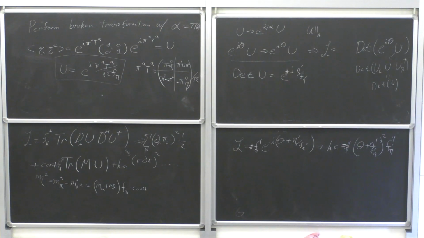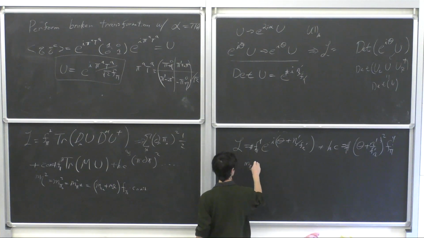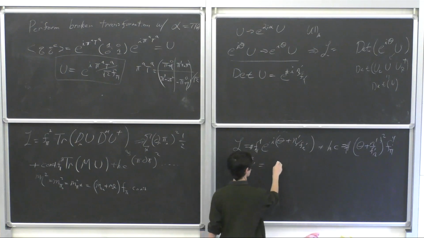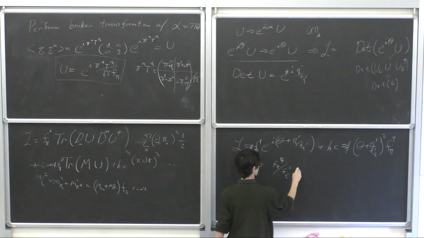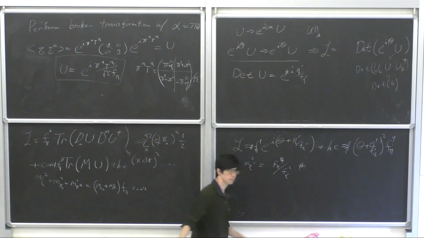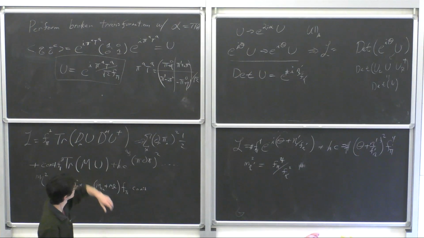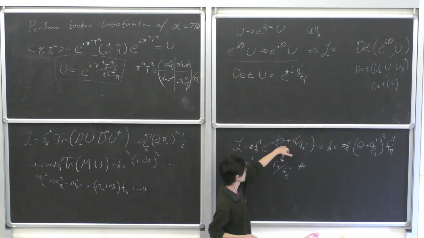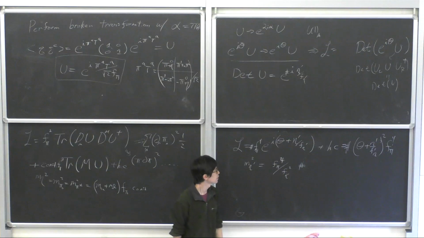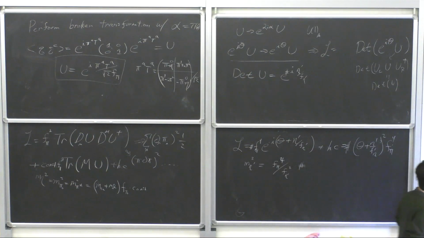So we get some mass term for the eta prime. M eta prime squared is whatever, f pi to the fourth over f eta prime squared times some number. Okay, so we see the effect of the theta angle is that there's a mass term for eta prime and that the vev of the eta prime is equal to minus the theta angle. Maybe with some order 1 numbers there because I was being a bit sloppy.